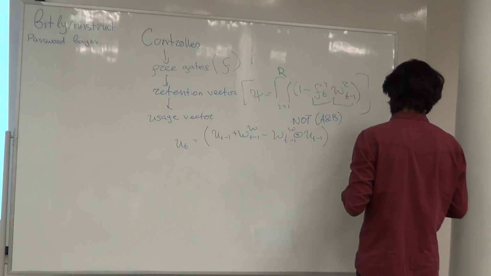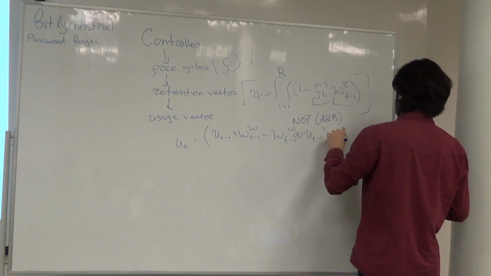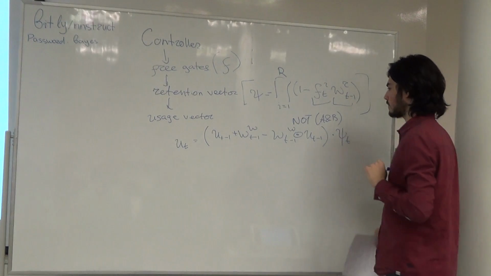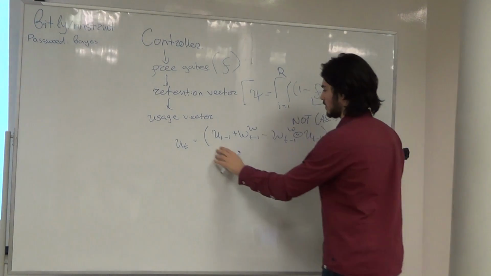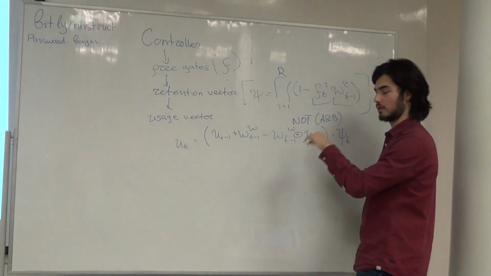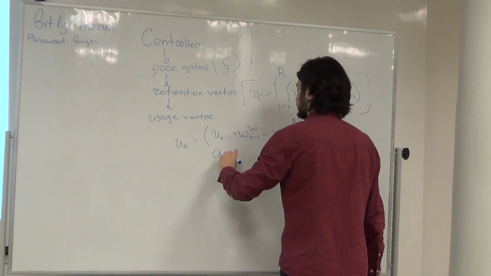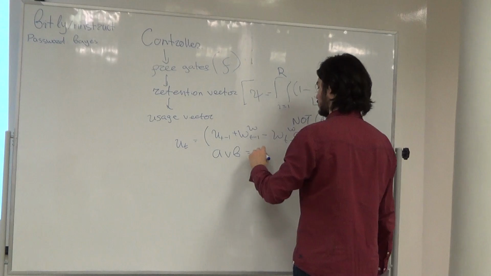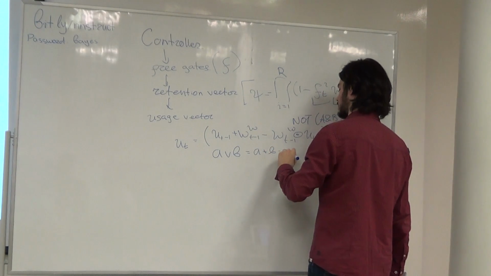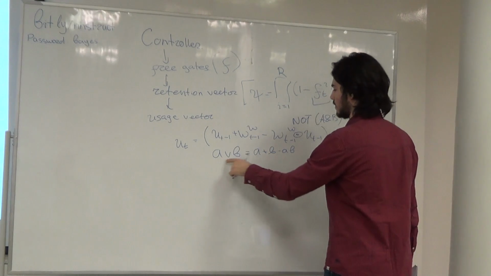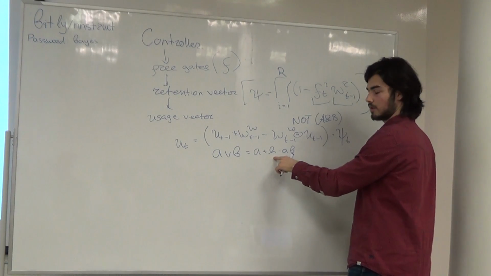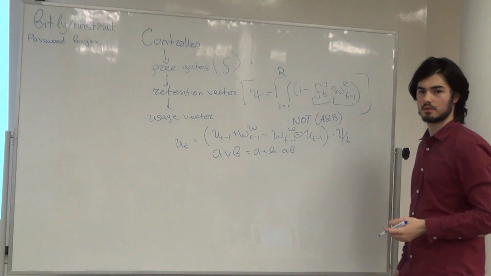And finally, multiply the whole thing by the retention vector. So this thing is logical OR in the real notation. So A or B actually equals A plus B minus A times B. Because if those are 1s, this one equals 2, you subtract 1 and get 1.